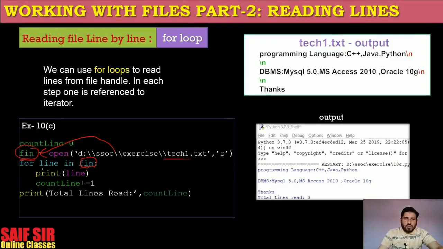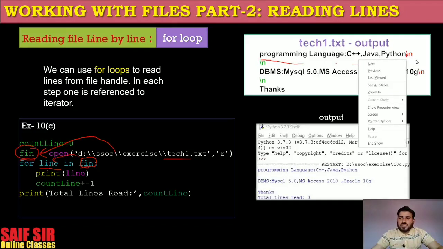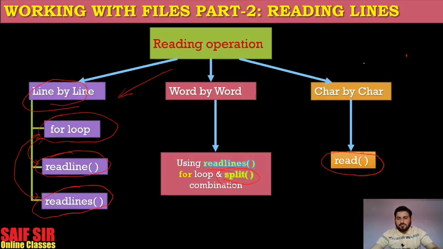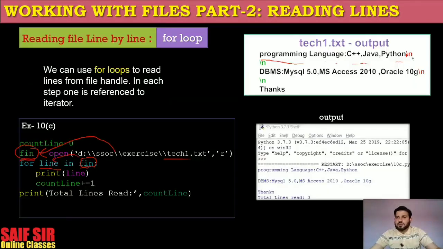So for line in fin means one line will be transferred from fin to line. You know how? Look at this output, or you can say the content of the file. Starting from P it will count till N, and as soon as /n comes, one line is now completed.